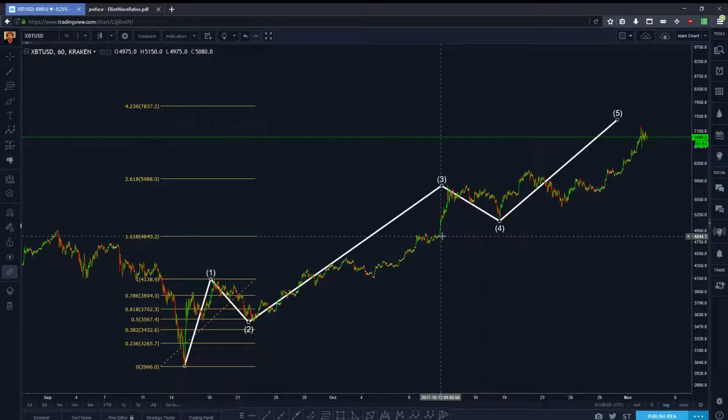Spent a few days there. Looks like 4 days actually at that level. And usually when it holds at that level like that, we're going to see a little bit more action. So we did in this case, and we came all the way up to roughly that 2.62 fib on this chart.